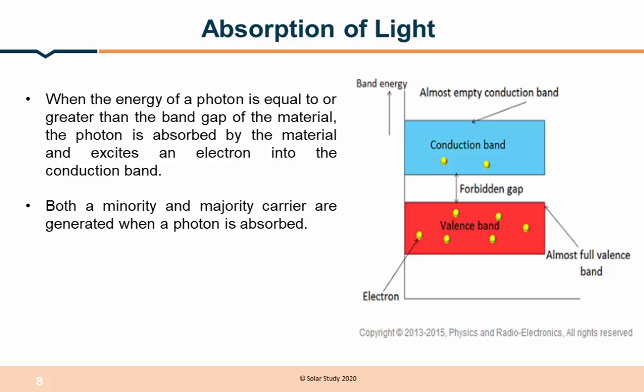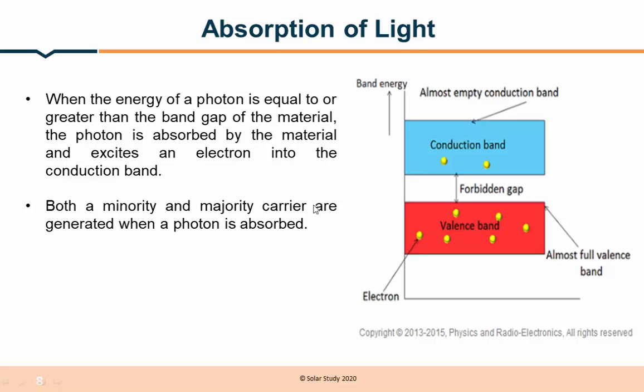The intensity of the light incident on the electron is called absorption of light. When the energy of the photon is equal to or greater than the band gap of the material, the photon is absorbed and electrons are excited from the lower band, called the valence band, to the conduction band.